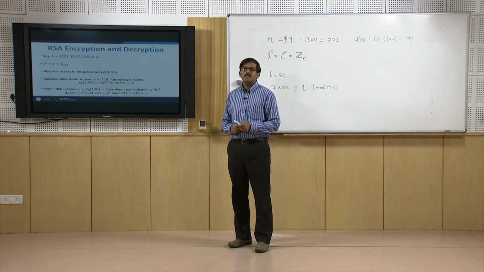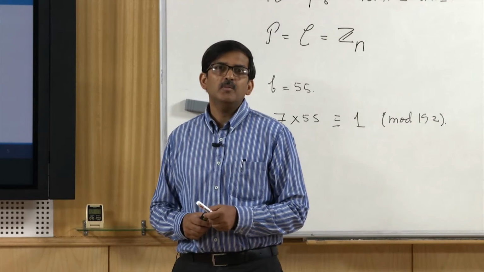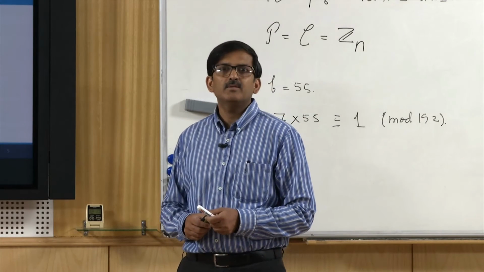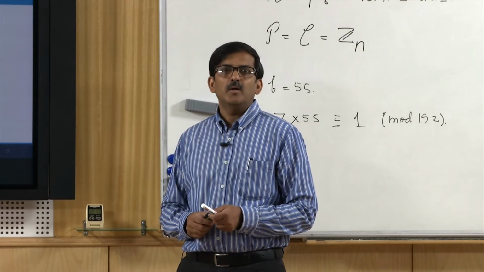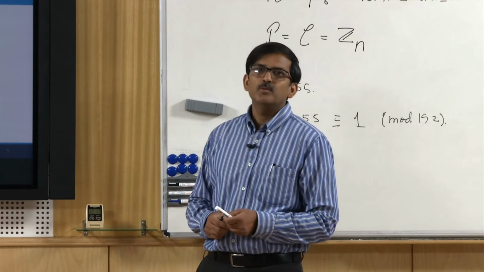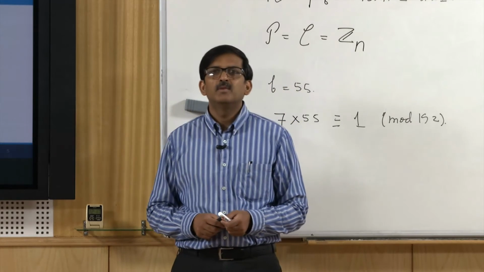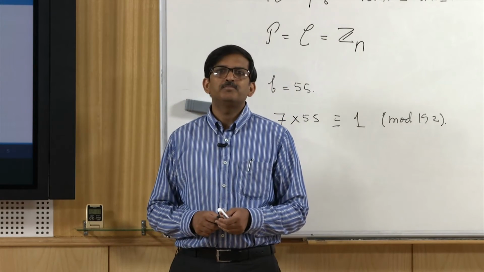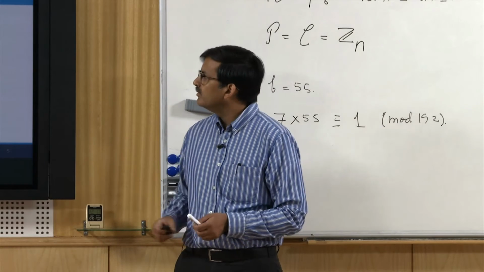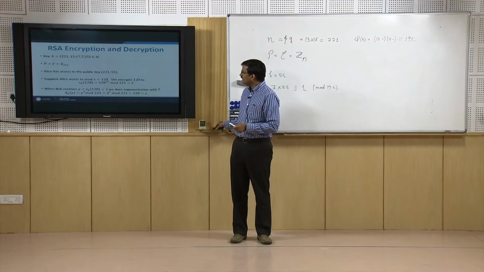For that, let us take again an example of the plain text. We have told that the plain text space is Z sub 221. So plain text in this case can be any number from 0 to 220. So we choose the number 128.